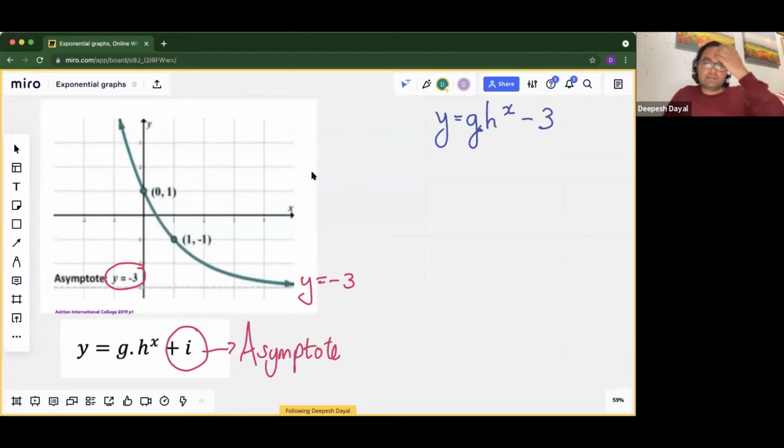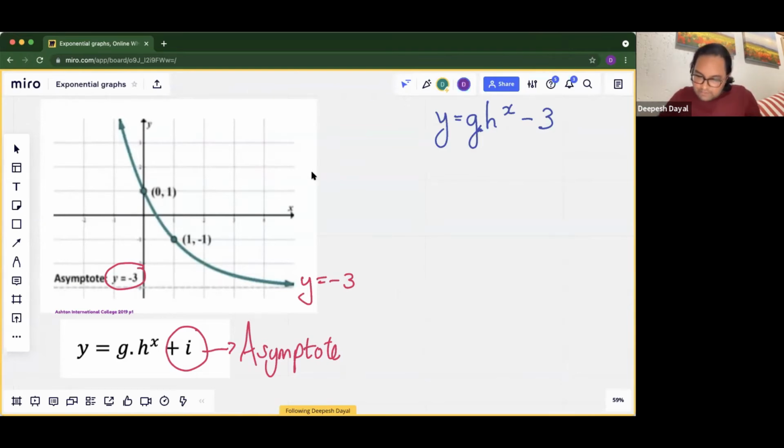If you plug in 1 and -1, you're still going to be left with 2 unknowns, which might be difficult. That's why I think it might be better to plug in 0 and 1, because then we'll be left with 1 unknown, right, which will be better. We're ultimately aiming to find 1 unknown, right?